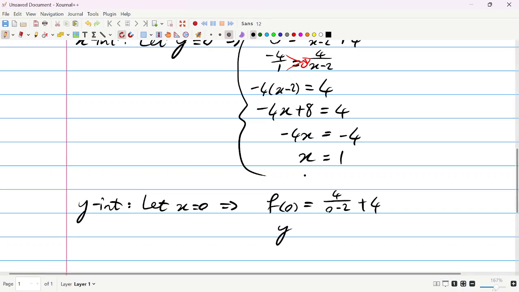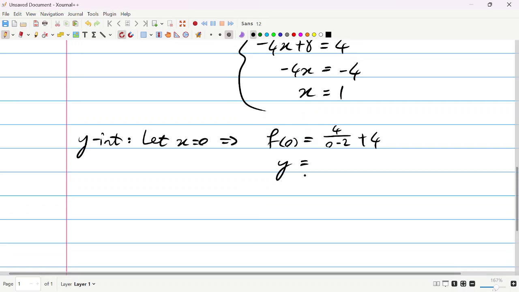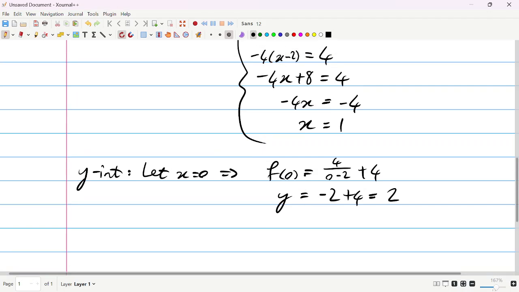And we know that this is just y at x equals 0, so therefore we just simplify, right? 4 over negative 2, which is equal to negative 2, plus 4, and therefore y is equal to 2. So obviously in this case our x-intercept is going to be (1, 0), and our y-intercept is just going to be (0, 2). So we found our x and y-intercepts.